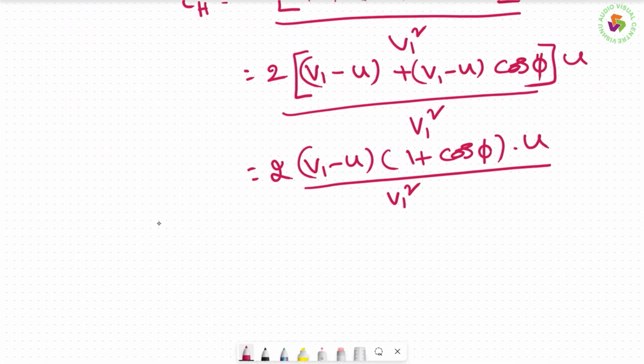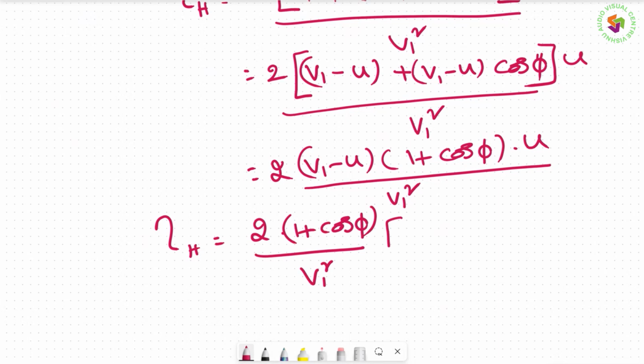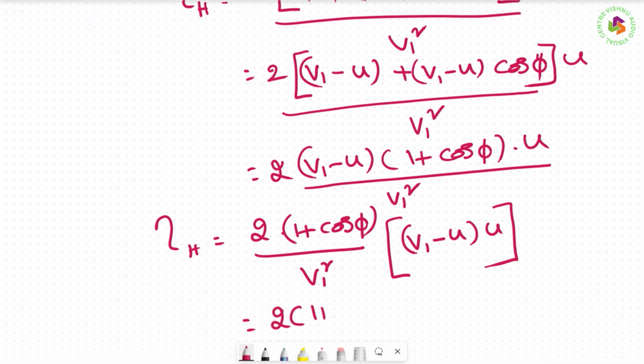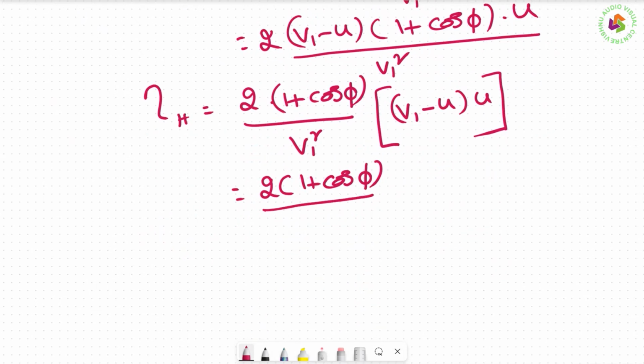So eta H is equal to 2 into (1 plus cos phi) by V1 square into (V1 U minus U square).